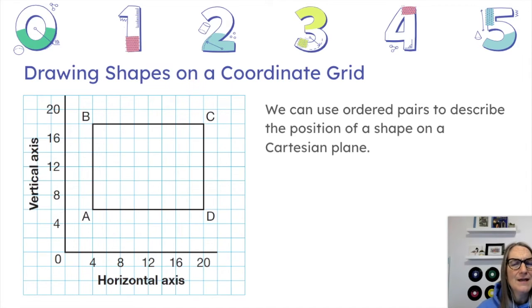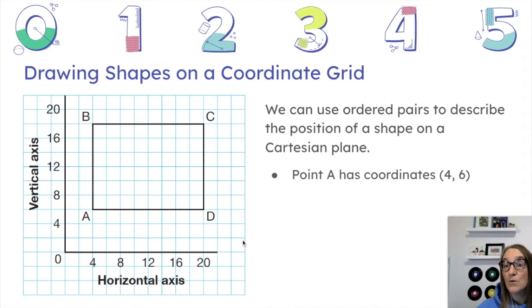And maybe if we had known what we know now, we might have been able to find that task just a little bit easier if we could have used ordered pairs to describe the location of these shapes on the Cartesian plane. So point A has coordinates 4 and 6. You can see 6 is halfway between 4 and 8. It's clear that our scale here is that each square represents 2 units.